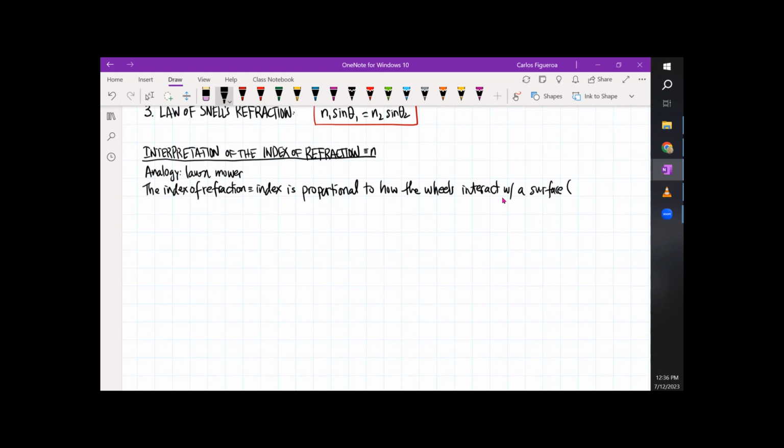In this case, we have grass versus concrete or sidewalk. And here's what we know. The index of refraction of the grass is larger. Why?